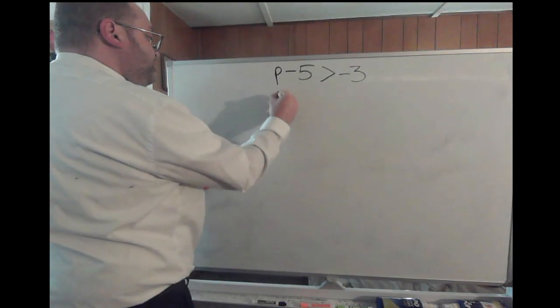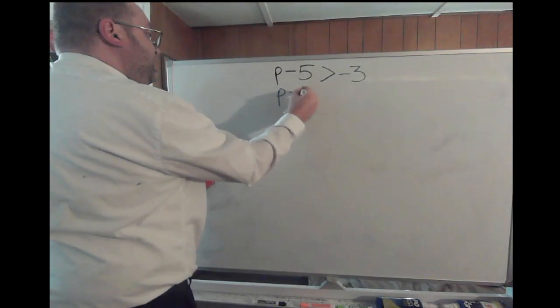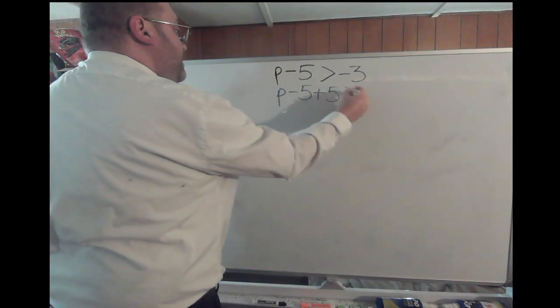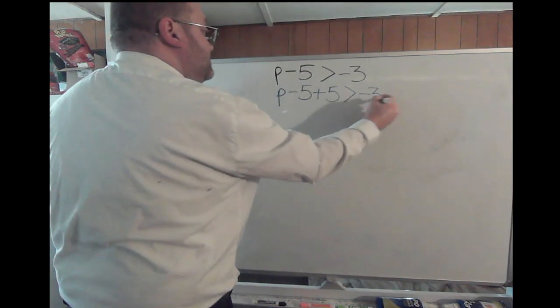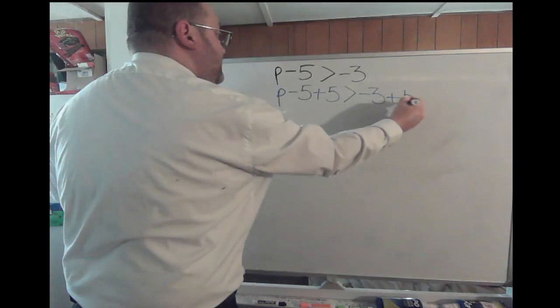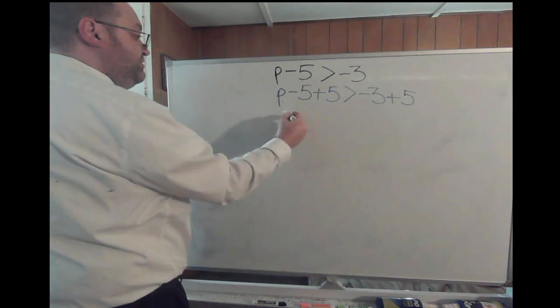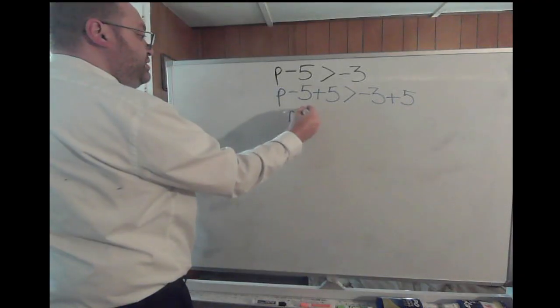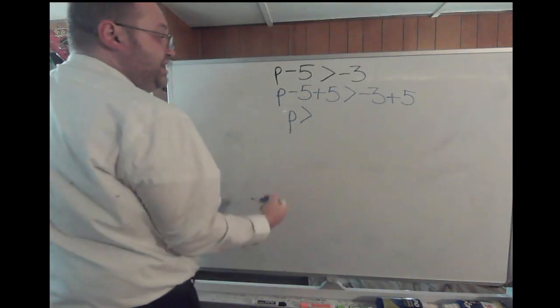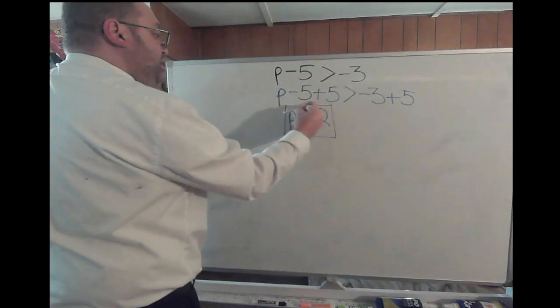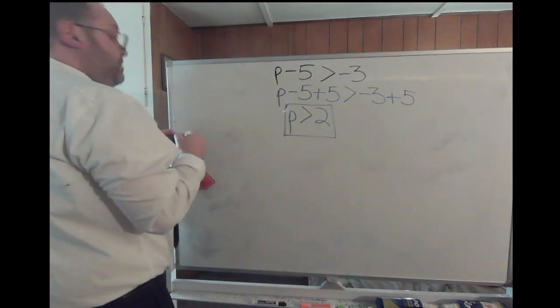So we'll do p minus 5 plus 5 is greater than that negative 3 plus 5, because you got to do it to the other side too. So on the left side, negative 5 plus 5 is 0. You just got p, which would be greater than negative 3 plus 5. That's positive 2. So p would be greater than 2.